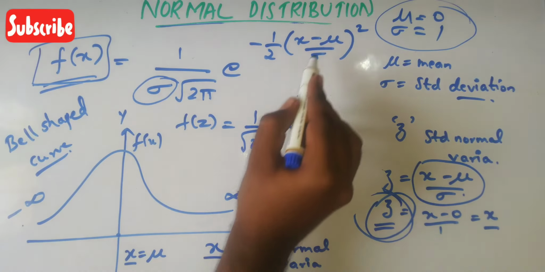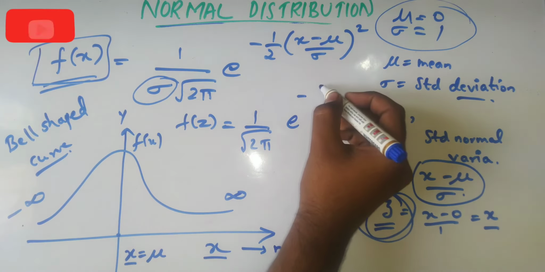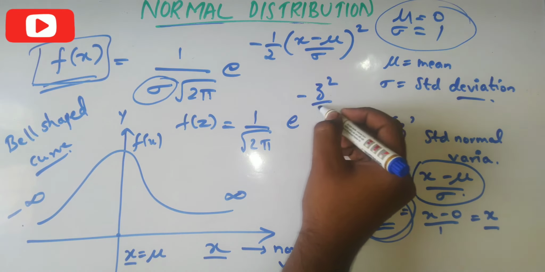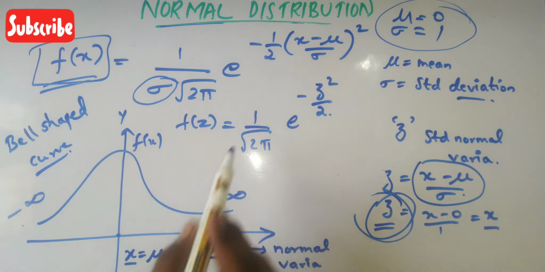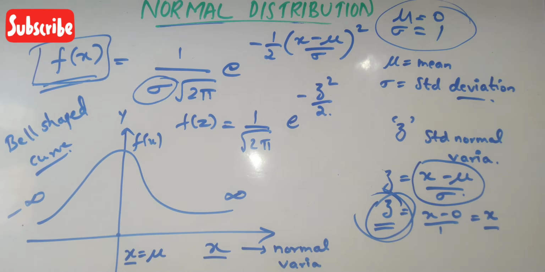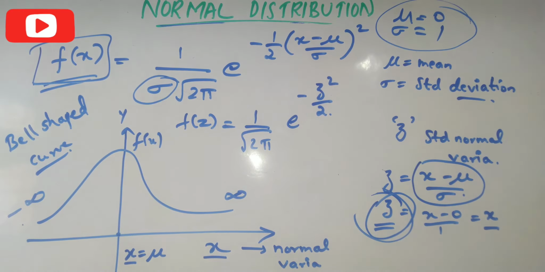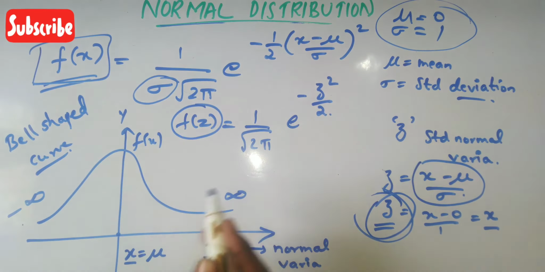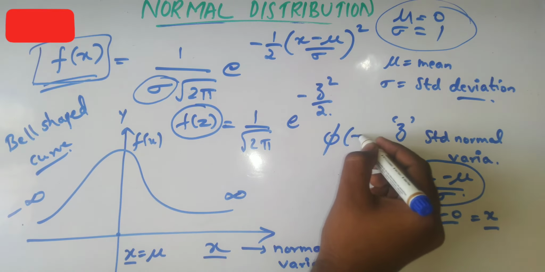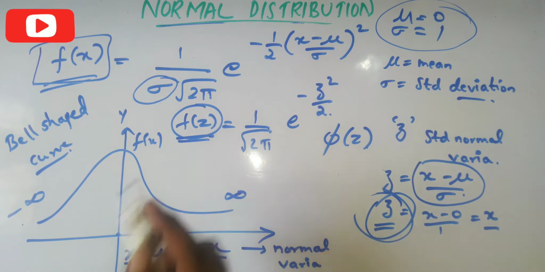So I can place z here, and I'll write it as z square by 2. So f of z is equal to 1 by root 2 pi e power minus z square by 2. Now some textbooks use the symbol phi of z instead of f of z.